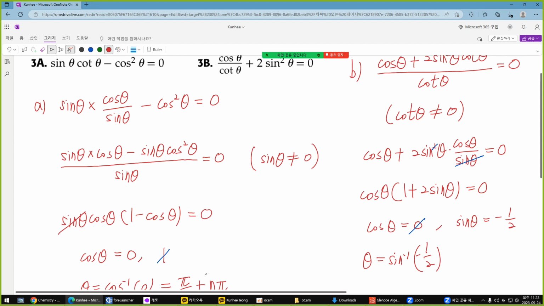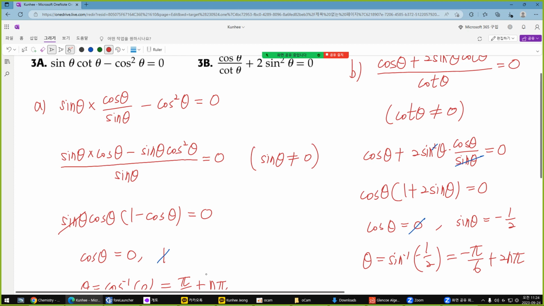It's minus 0.5 or something. So for the radian, it's like minus pi over 6. And then because the sine's period is 2 pi, we can add the multiple of 2 pi for this.